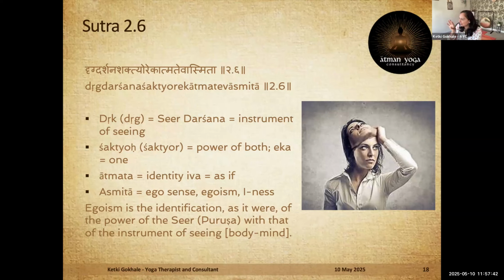My eyes are seeing, okay, there is a cloud, there is a tree, there is a bird. But whatever power the eyes have to perceive it, that drik, that pure consciousness, is giving light to my eyes to see.